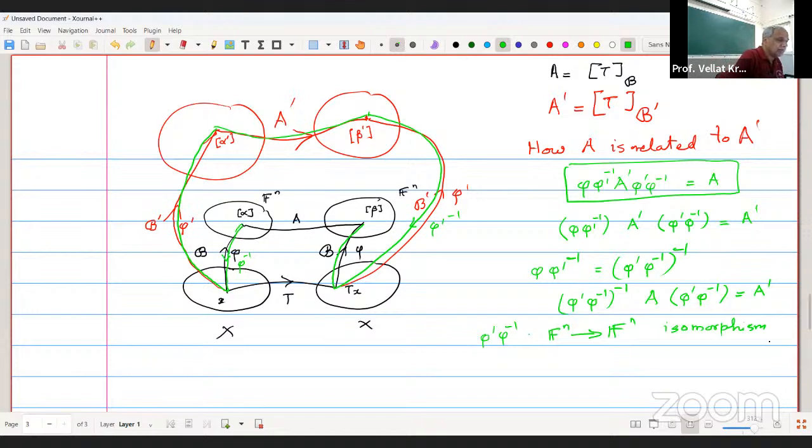So every isomorphism, or every linear transformation from Fn to Fn, is represented by a matrix. So let C represent phi prime phi inverse.